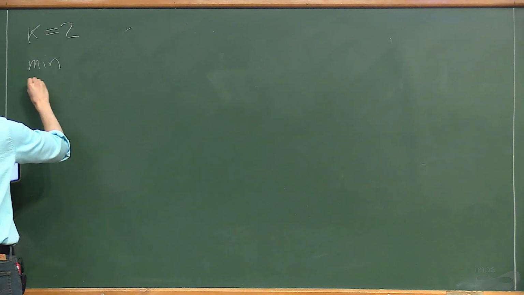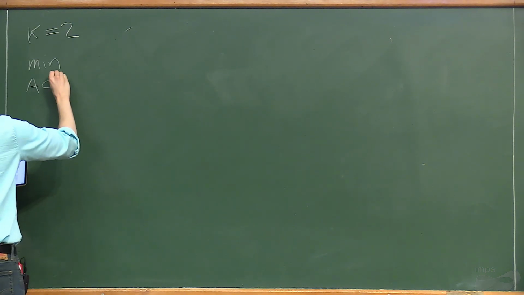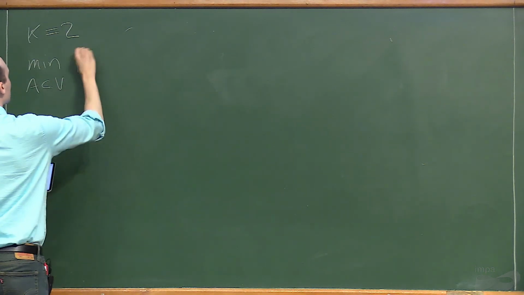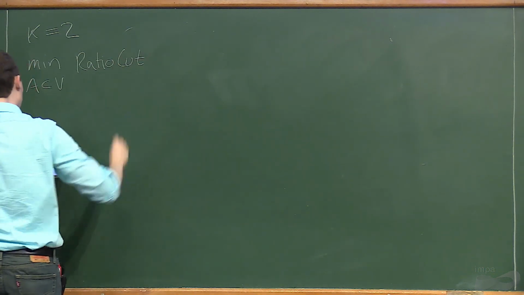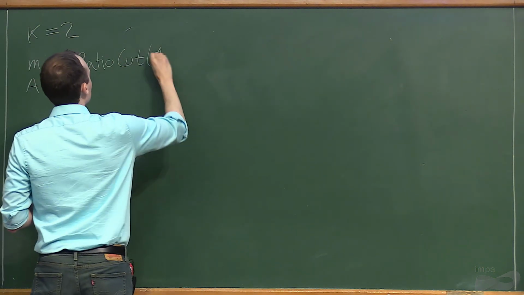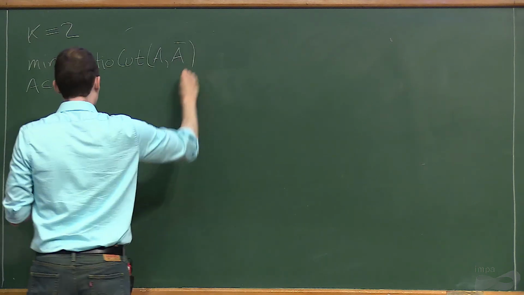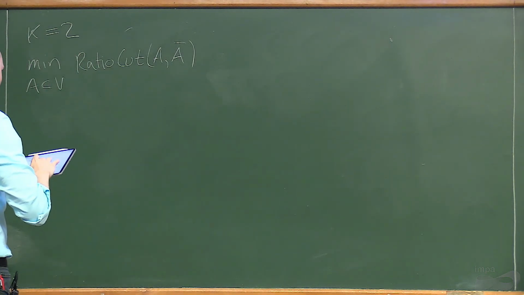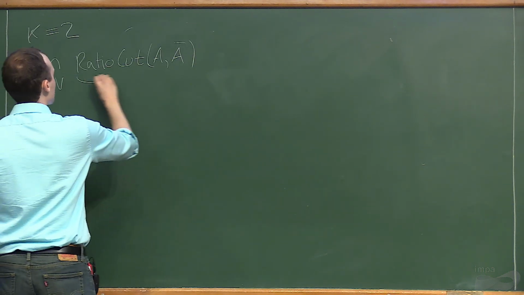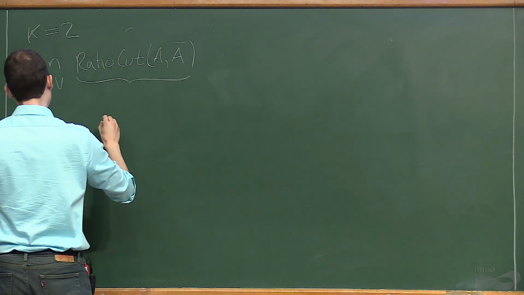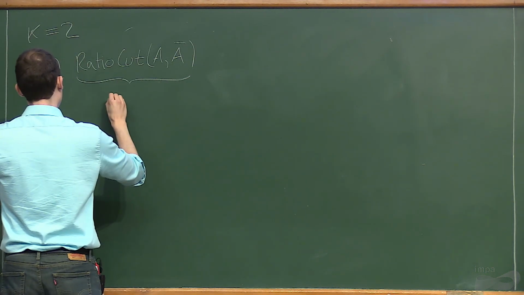So let's consider the case when we just have a partition of size 2, and we could ask the question, what about minimizing over subsets of vertices this ratio cut expression from the previous slide? Let me just reproduce it here for convenience.